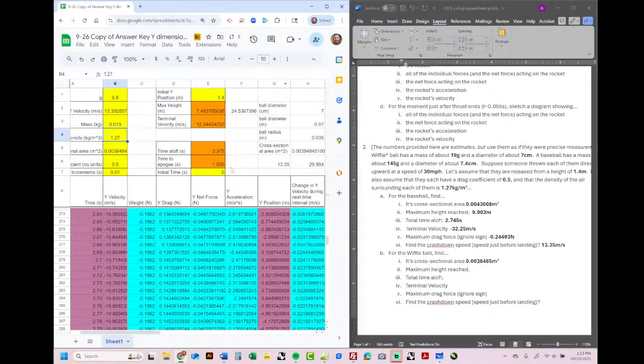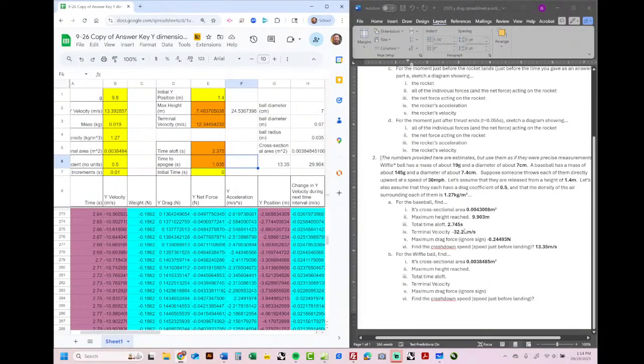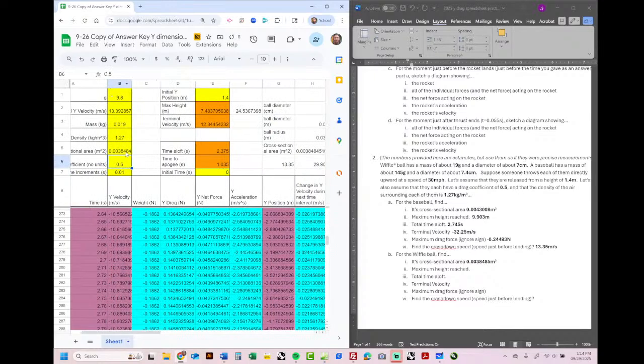All right, so that changes things quite a bit. Zoom out over here. I'm just checking to see if I have everything. So 1.4 meters is the release point, 0 is the starting time. We're assuming a drag coefficient of 0.5, cross-sectional area, density, mass, velocity. Yep, so this is all good.